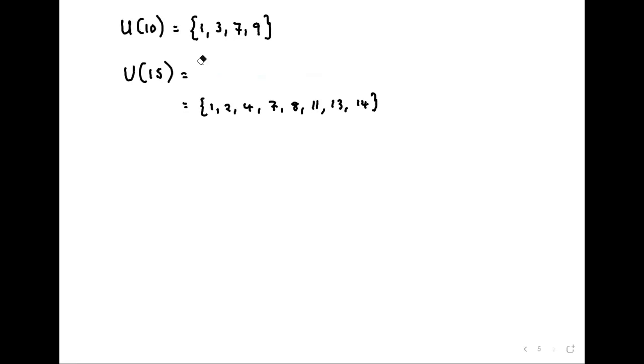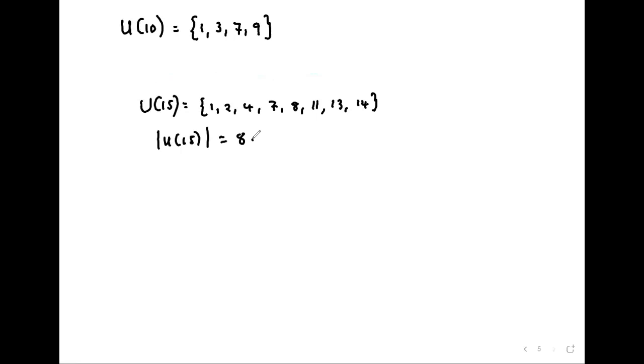Once you don't bring in any of those, the order becomes a direct thing. So this is U15. If you just count 1, 2, 3, 4, 5, 6, 7, 8, we say the order of this is 8.